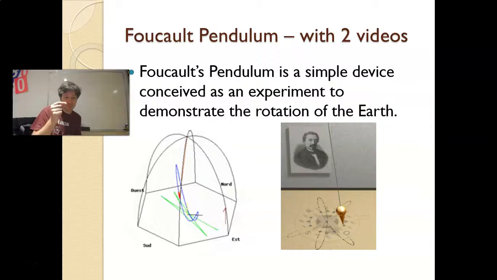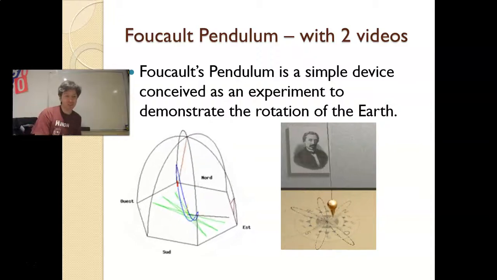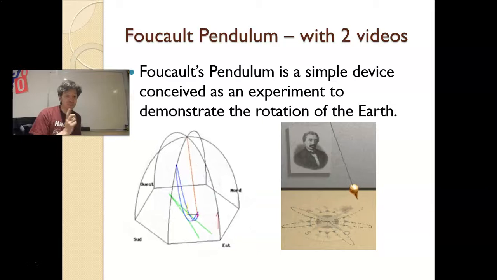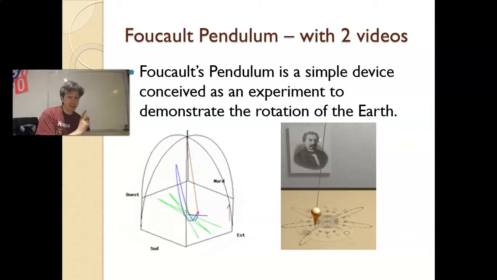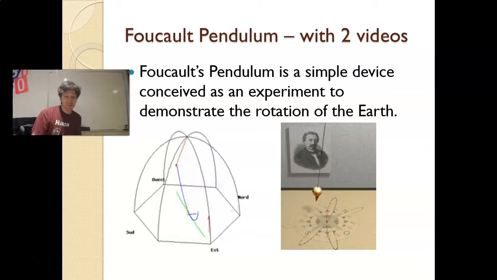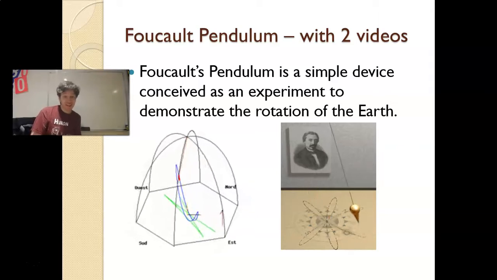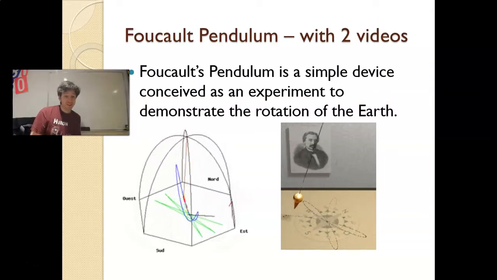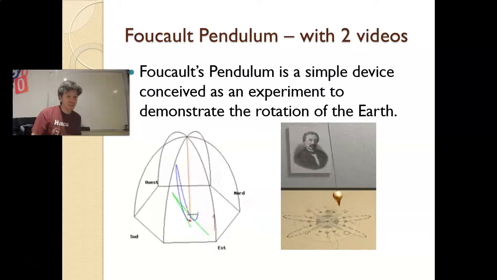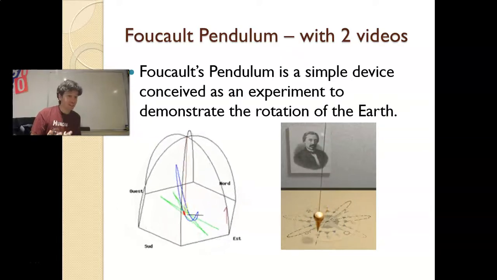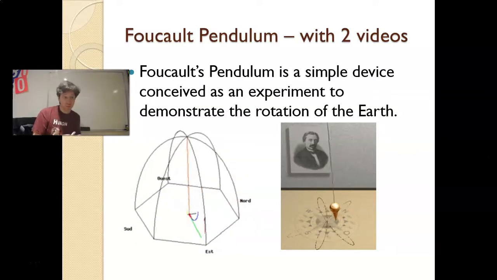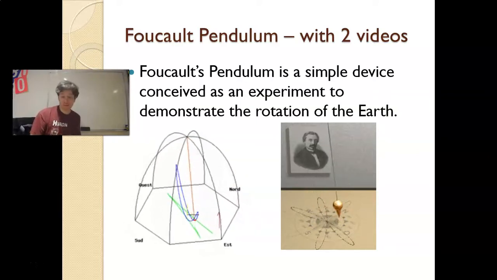And then there are these little pegs all around in a circle, and throughout 24 hours, throughout one day, that pendulum will slowly knock down every peg in the circle. Okay, and this is actually proof that the Earth is rotating, right? Because the pendulum slowly is moving sideways because it's in that non-inertial rotating frame of reference.